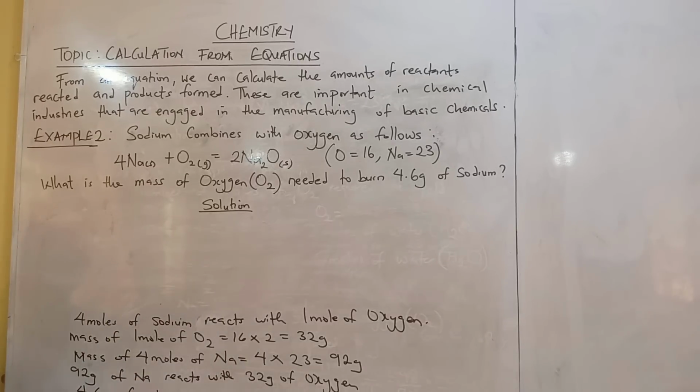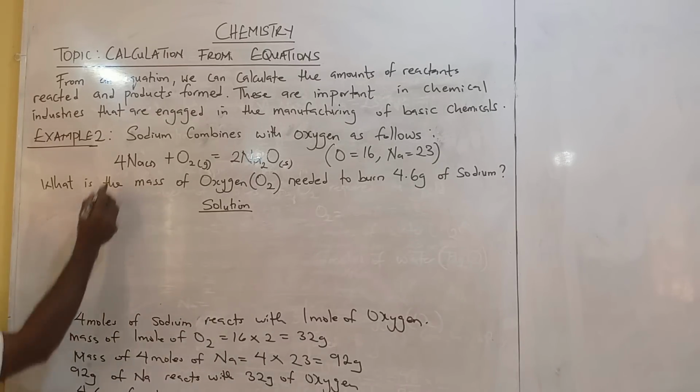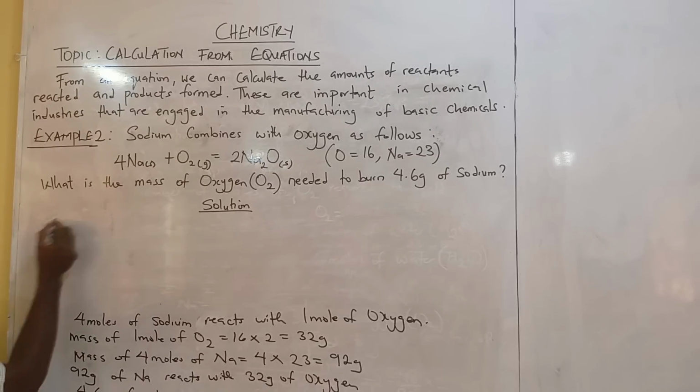Let me repeat the statement. 92 gram. How do you get 92? 4 times 23.